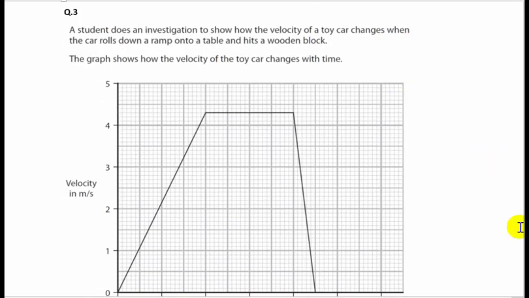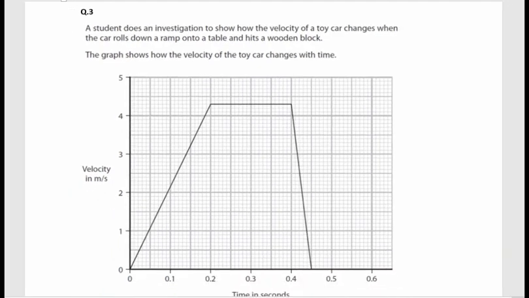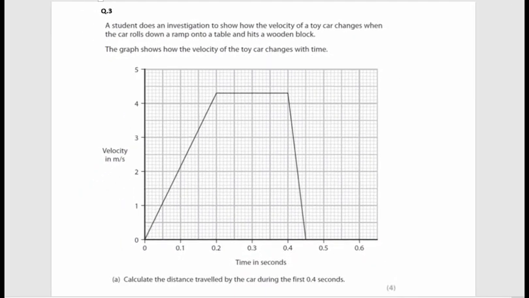Now question number 3. A student does an investigation to show how the velocity of a toy car changes when the car rolls down a ramp onto a table and hits a wooden block. The graph shows how the velocity of the toy car changes with time.